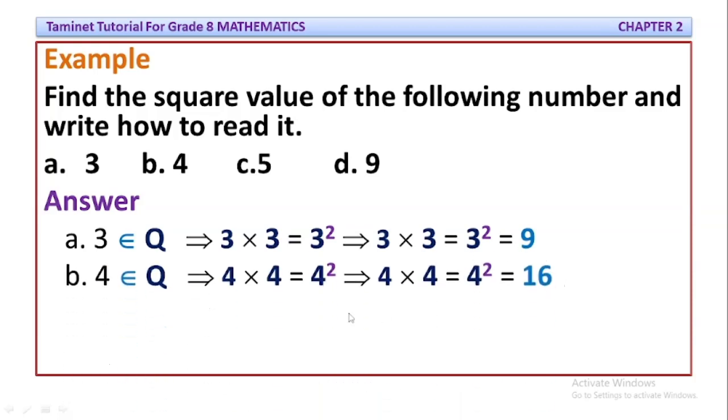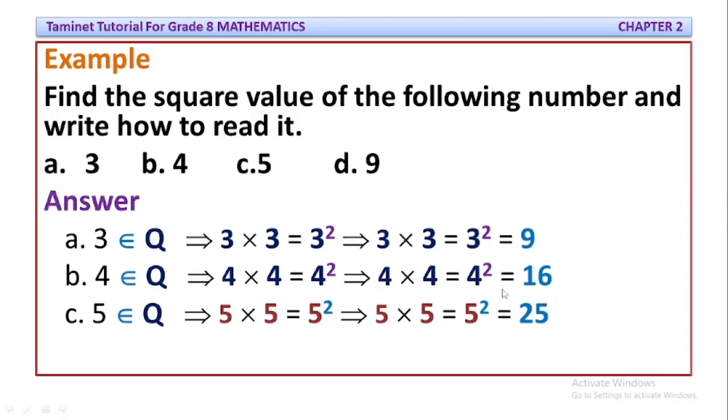So this is a way how to calculate the square of a given number. 4 is an element of rational number. 4 times 4 is 4 square. So this means the process of multiplying 4 by itself. So we can get 16. 16 is the square of 4.